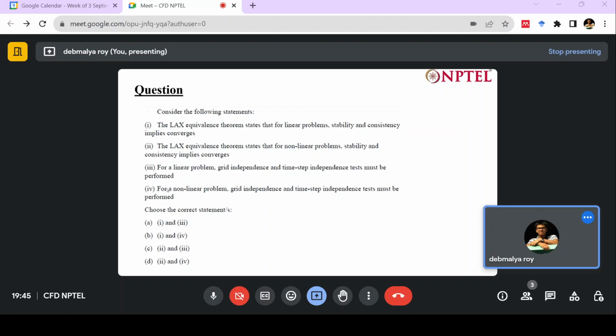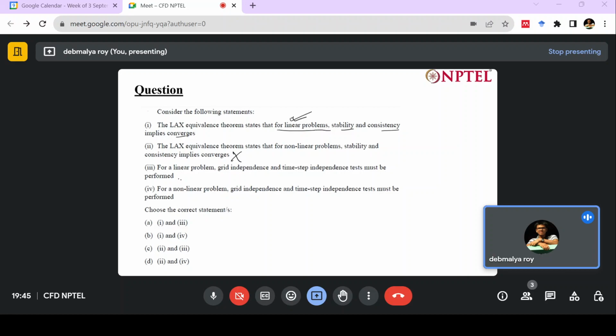It states that for linear problems, stability and consistency implies convergence. And this is exactly what it states. That is Lax equivalence. What is the second point? It says that for nonlinear problems, stability and consistency implies convergence. That is, this is not true. It only is applicable for linear problems.